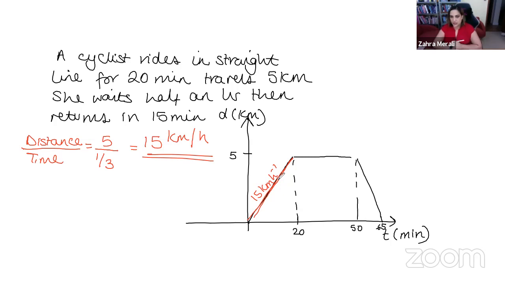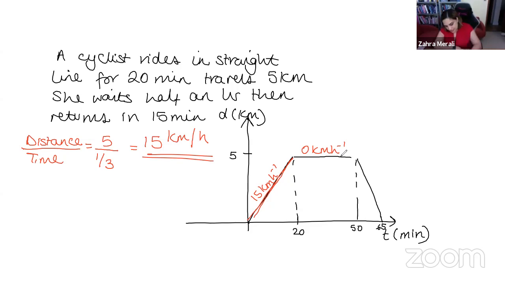And so now if I wanted to work out the average velocity, well, we can see that's 15. This bit is 0 kilometers per hour. And then going down, well, it's a negative velocity because it's going in the opposite direction from where I was going before.